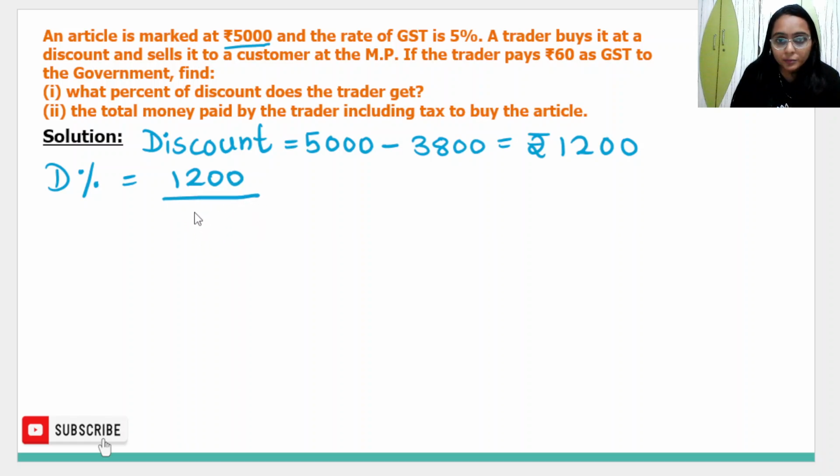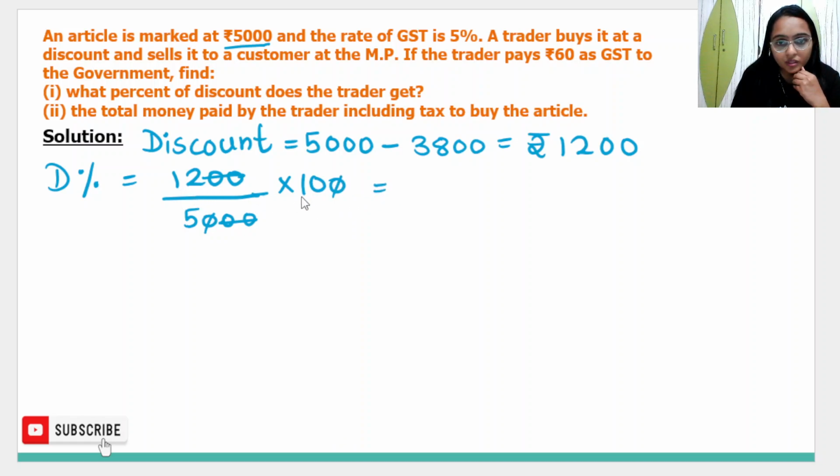Now to calculate the discount percentage, the formula is you take the discount, which is 1,200, divided by the marked price, which is 5,000, and you are calculating percentage. So you take the fraction and you multiply by 100. Here the fraction is discount over marked price. So these two zeros get cancelled and this one zero gets cancelled over here.